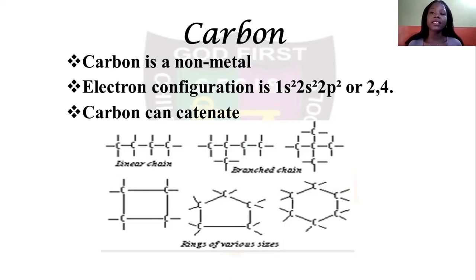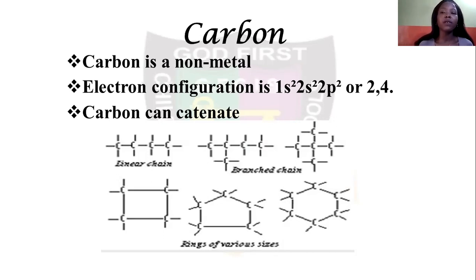So it uses those electrons in its outermost shell to form bonds with itself and then with other elements. Because of this valency, it has the ability to form stable bonds with itself and other elements.